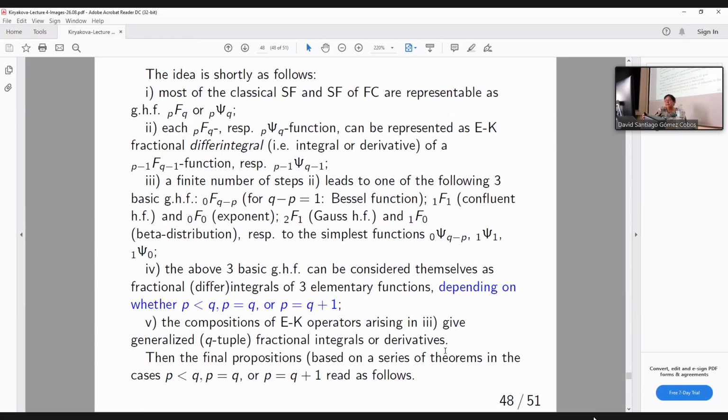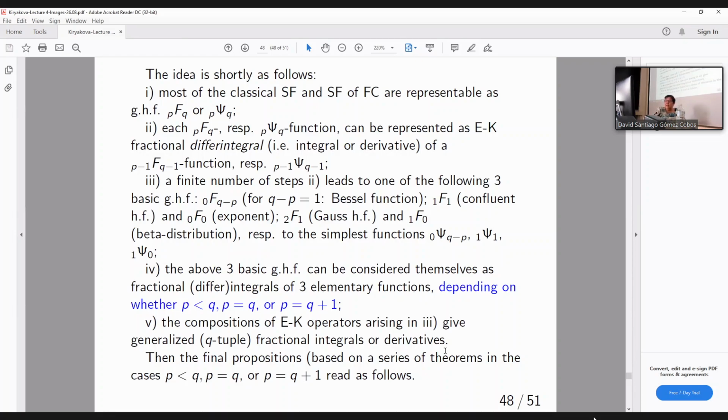Most of the classical special functions or special functions of fractional calculus, as shown, are representable as pFq or P psi q functions. Then each pFq function, or the right function of the same kind, can be represented as an Erdős-Kober integral of the same kind of function where p and q are reduced by one step.